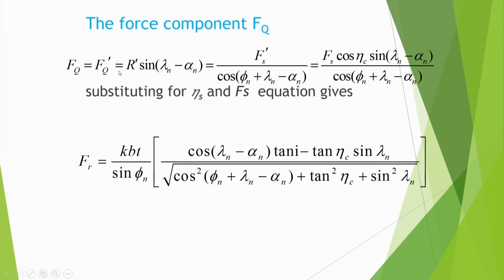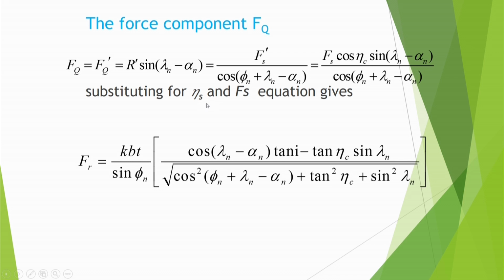So, Fq is equal to F dash Q is equal to R dash sin lambda n minus L phi n, and this can be written as F dash cos phi n plus lambda n minus L phi n, and this becomes F dash S is Fs cos eta c sin lambda n into this one.